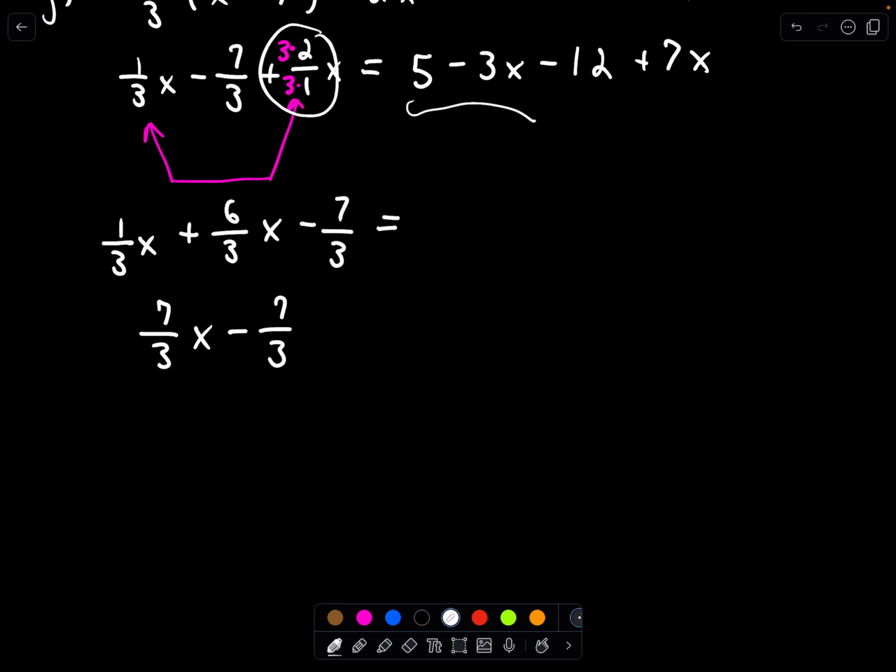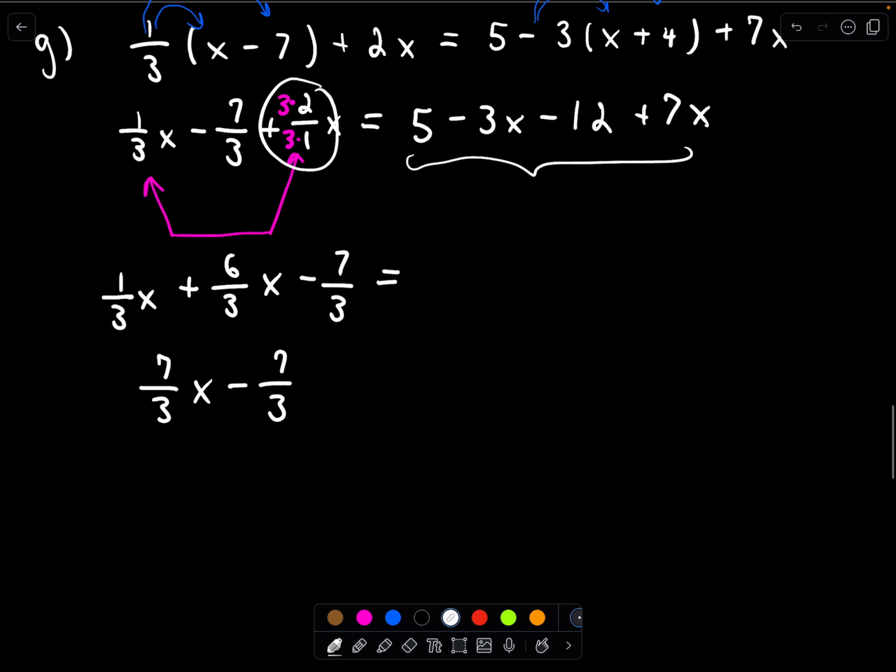Let's go ahead and clean up the right side as well. So I see some like terms again. I see a 5 and a negative 12, and then I see a negative 3x and a positive 7x. So 5 minus 12 is going to give me negative 7.